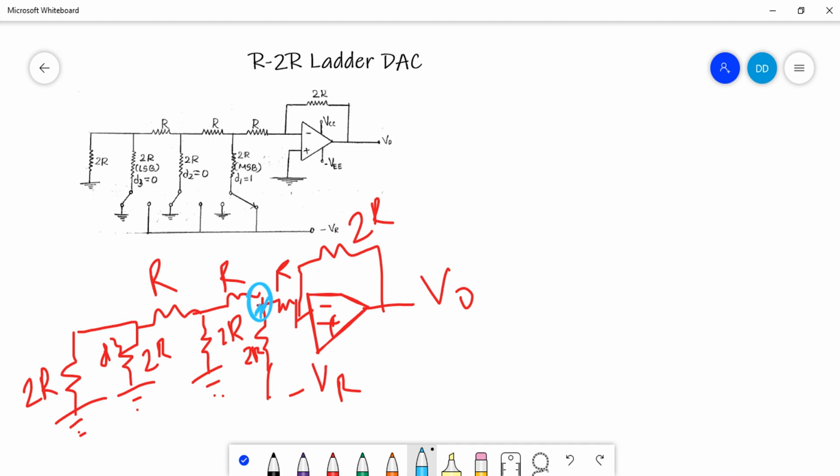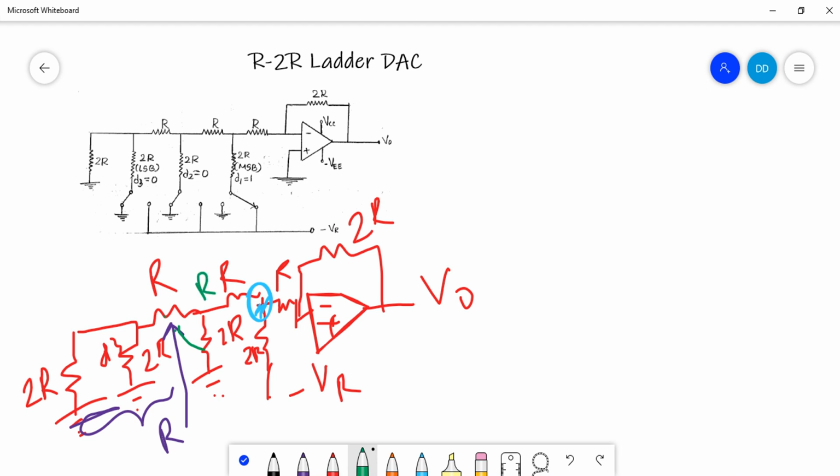We find the total resistance of this. You can see here these two are connected in parallel. The two parallel combination gives you an equivalent resistance of R. So this R and this R add up, it becomes 2R. This 2R and this 2R again in parallel give you a combination of R.